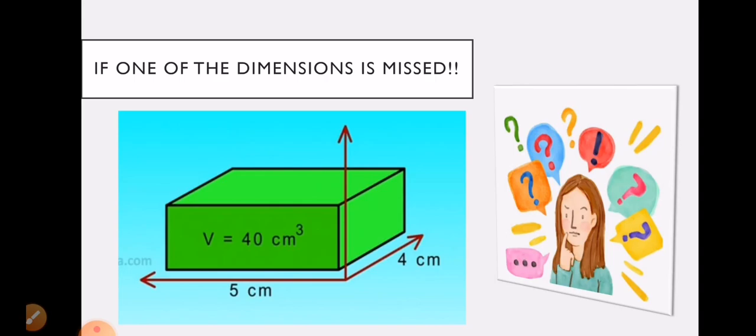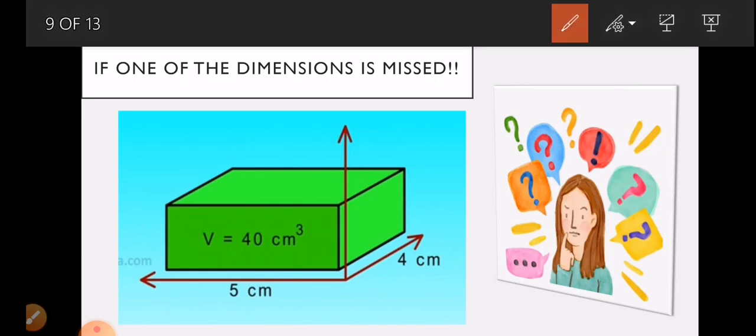Let's see another type of question. If I give you the rectangular prism and I give you this dimension, which is the length, and I also give you this one, which is the width, but the height is missing. I didn't give you the measure of the height.